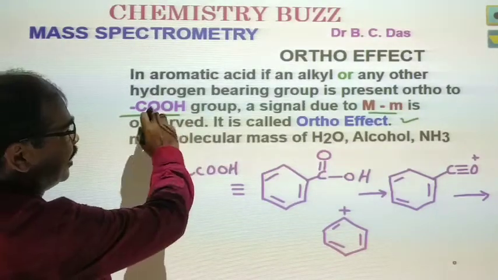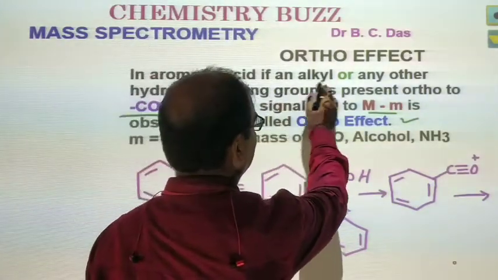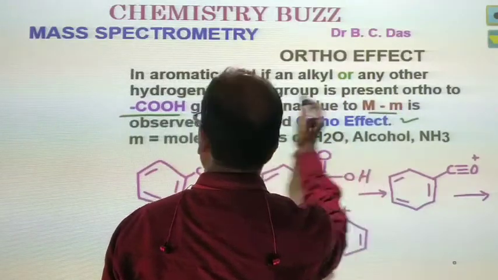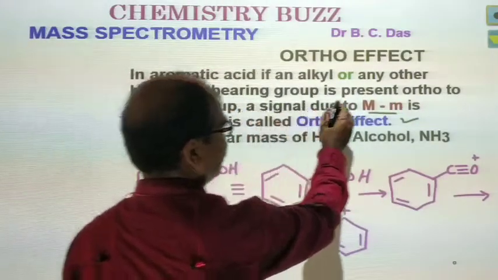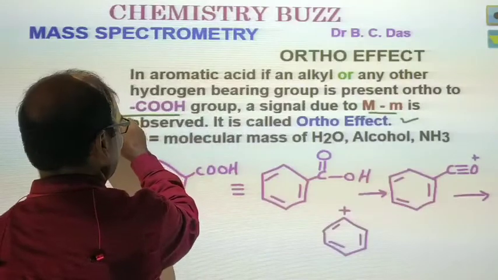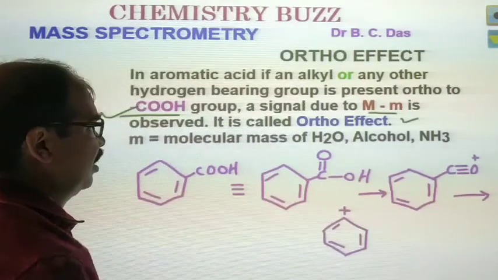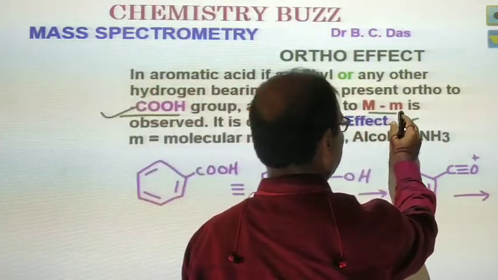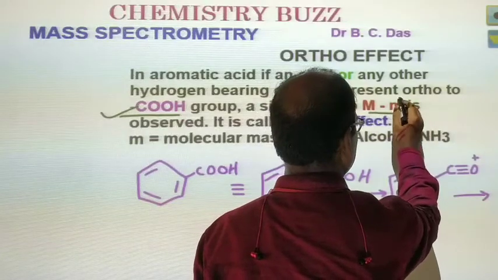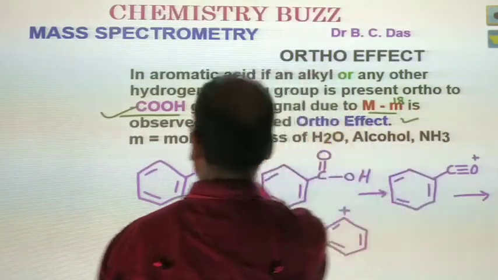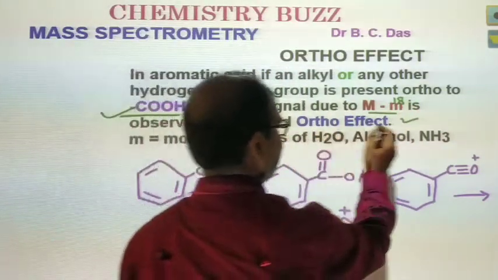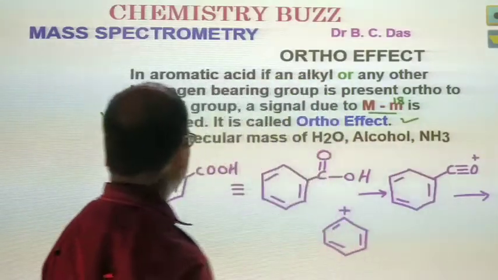So in aromatic acids, if an alkyl or any other hydrogen bearing group is present ortho to the carboxylic group, a signal due to M minus N, that is M minus 18, is observed. This is called the ortho effect.